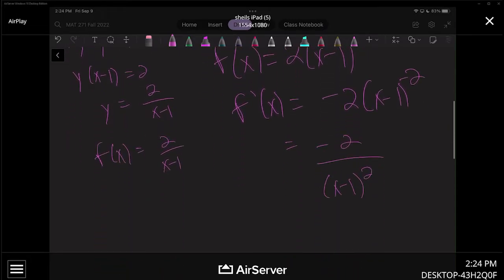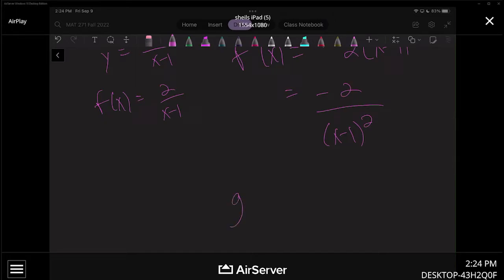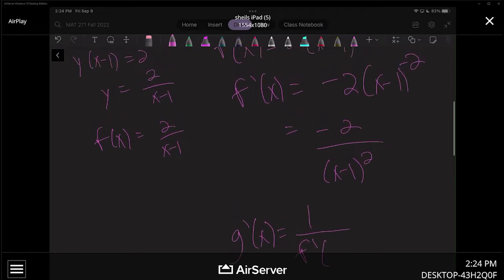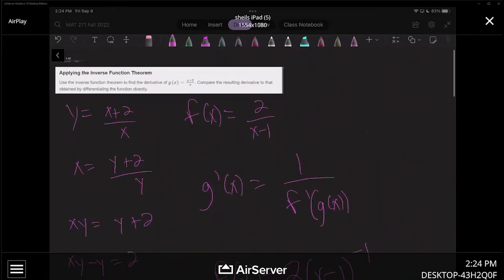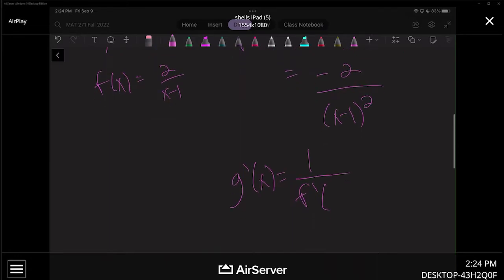So g prime of x, since g prime of x is 1 over f prime of g of x, this means that g prime of x is equal to 1 over f prime of g of x, where g of x is x plus 2 over x.